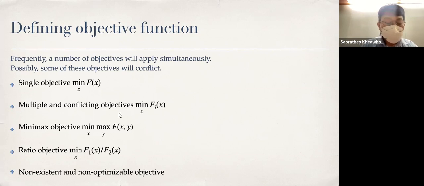Last time we talked about the minimax objective. In this case, you try to minimize the maximum of the objective function. For example, in the case of robust control, we find the tuning parameter of the controller in order to reduce the error, because the smallest error means the highest performance of the controller.